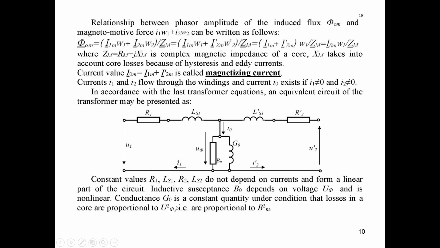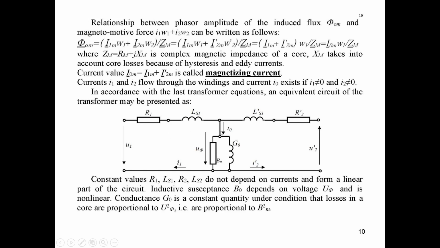And conductance G0 is a constant, under the condition that losses in a core are proportional to UF to the power 2. So they are proportional to B maximum to the power 2, because we have here the product of current and voltage.